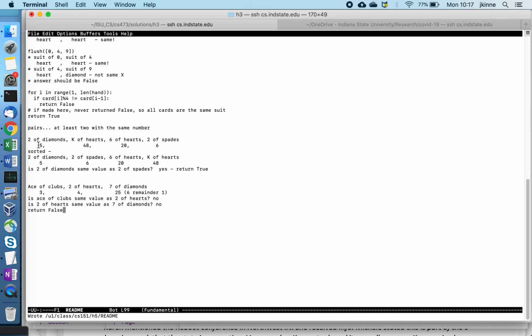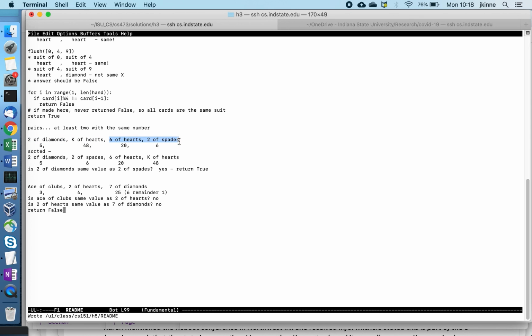Okay, so for a flush, I'm comparing each card and saying, are they the same suit? These are not, so this is not a flush. For a pair, I'm looking for the same value. Is this the same value? No. Is this the same value? No. Is this the same value?